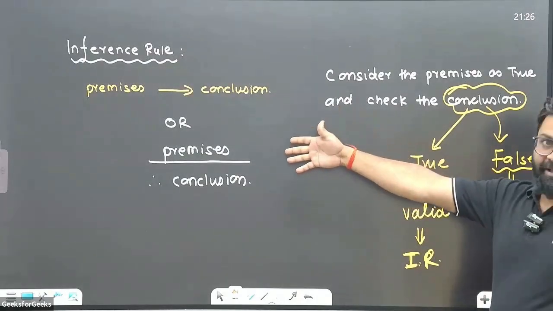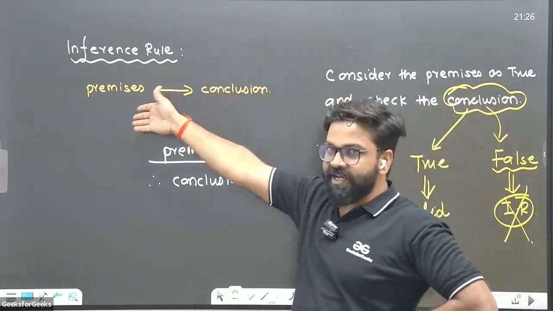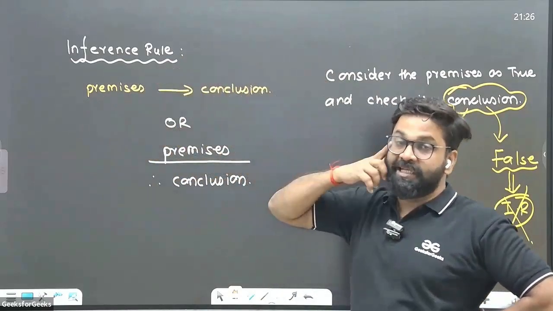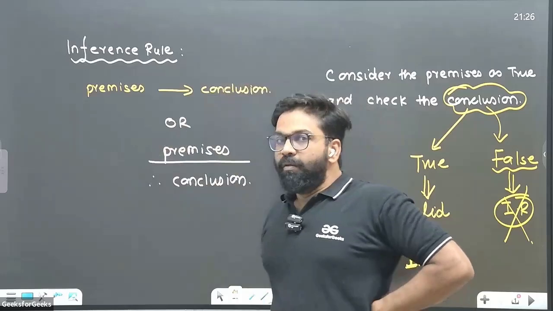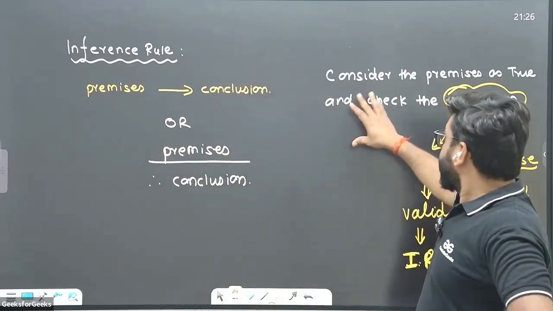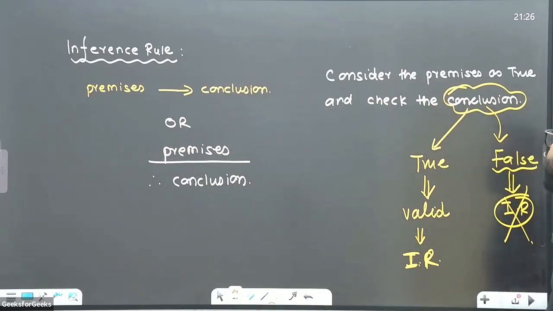This is one way of writing. Consider the left side as true and check whether the conclusion comes out as true or not. Or, this is the definition: consider the premises as true and check whether the conclusion comes out as true or not. So you will have two options.